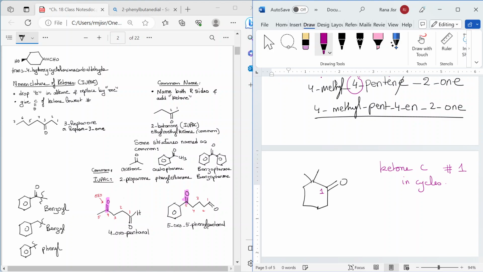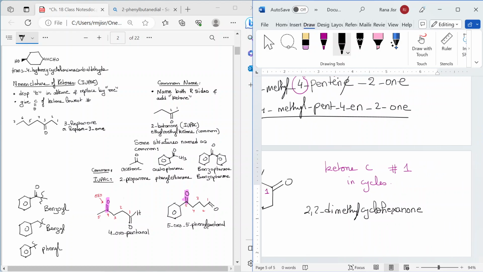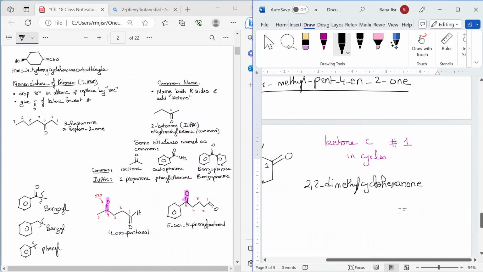So in this case, your name is going to be 2,2-dimethyl, and it's going to be a cyclohexane. It's a hexane, so you drop the E and add O and E at the end. So it's going to be a cyclohexanone. You don't have to put number 1 in here. So number 1 is not necessary.